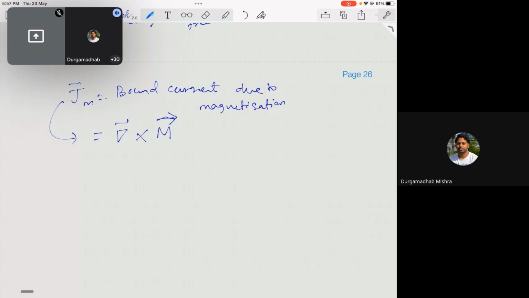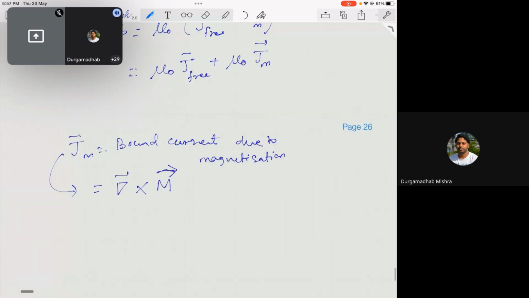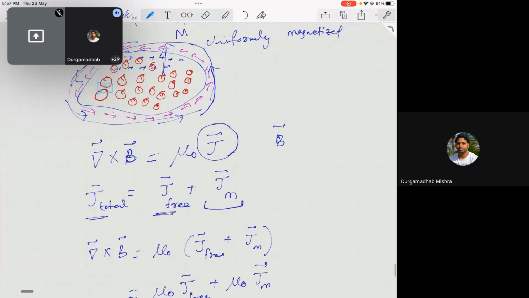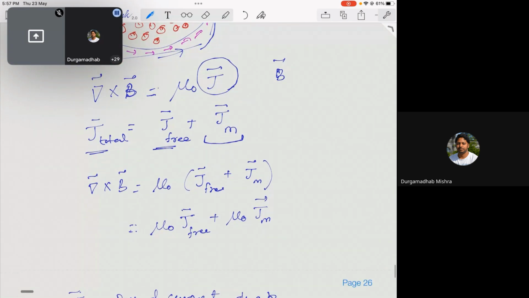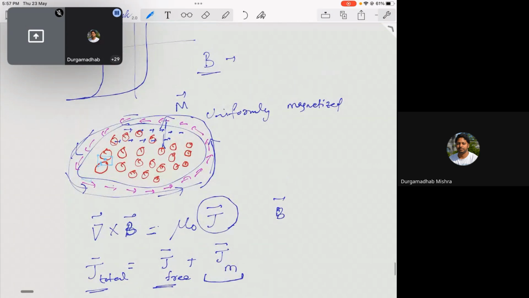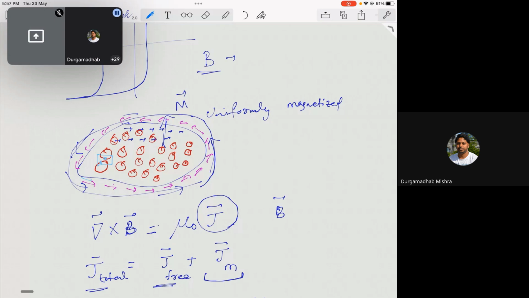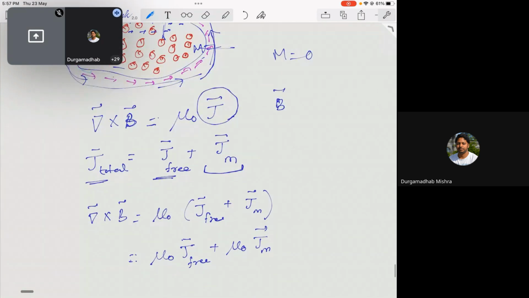J_m is equal to curl of M. If you look at the curl of this vector M, it is discontinuous at the boundary, because M is zero outside, of course, but not zero inside this boundary, and this gives rise to a discontinuous change in the magnetization.